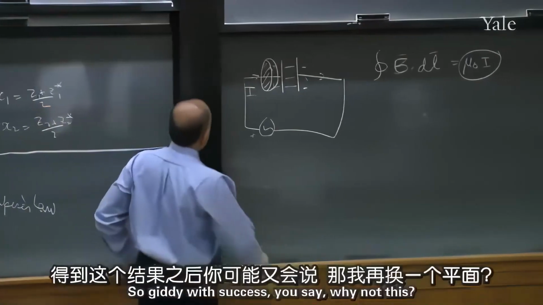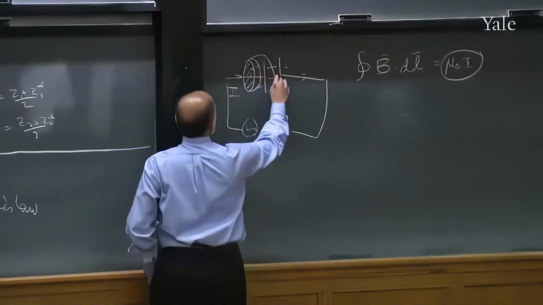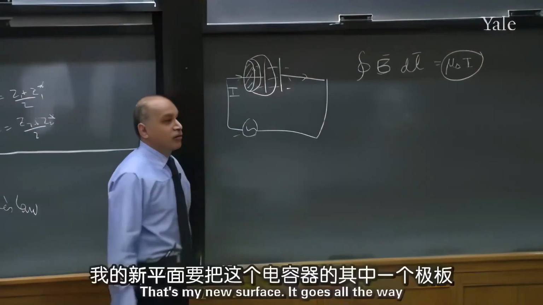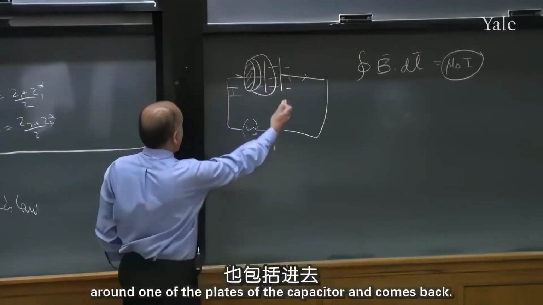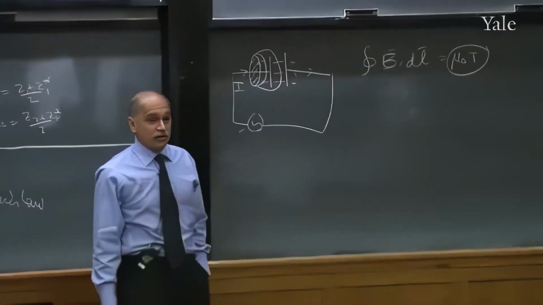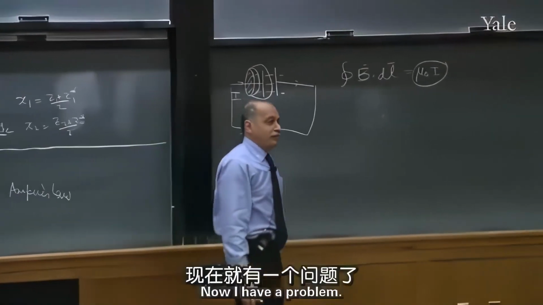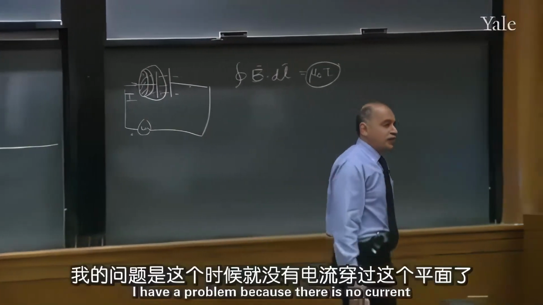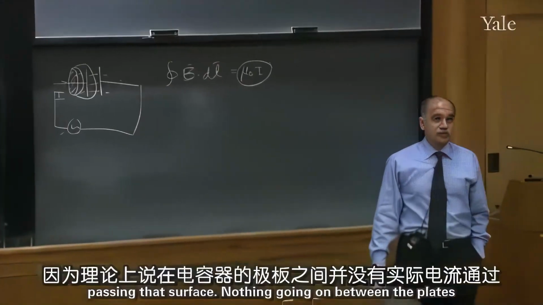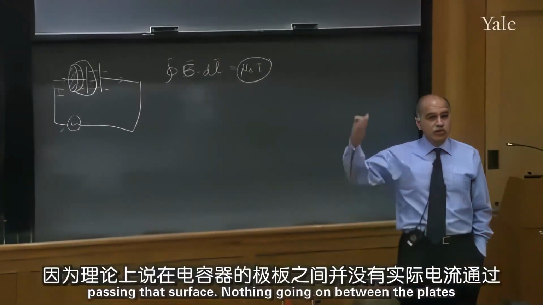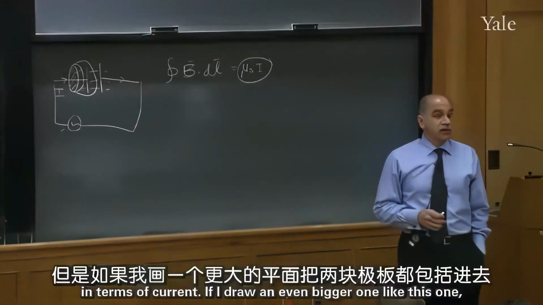So giddy with success, you say, why not this? That's my new surface. It goes all the way around one of the plates of the capacitor and comes back. Now I have a problem, because there is no current passing that surface. Nothing going on between the plates in terms of current.